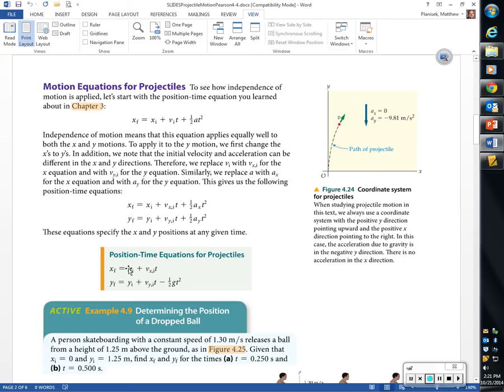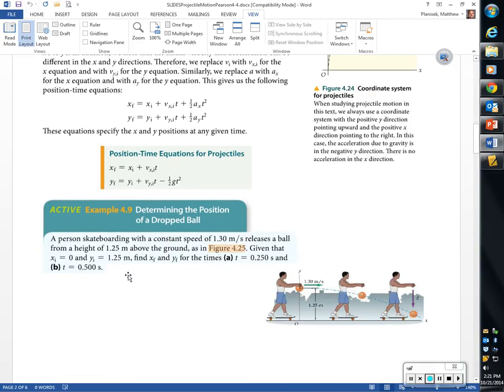But when we're dealing with projectile motion, we need to analyze both aspects of the motion separately. So here, all we've done is taken that equation up at the top and applied one of them to the x-axis and one of them to the y-axis, because we have to analyze them separately.